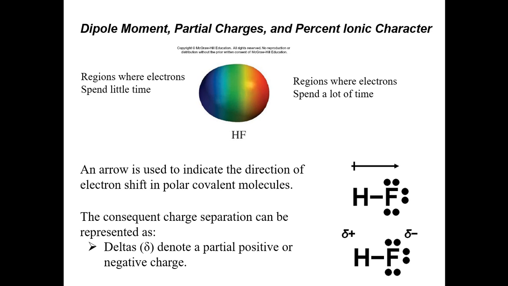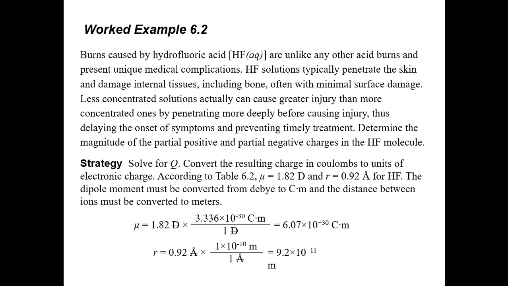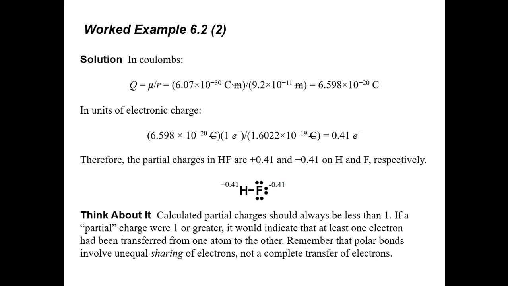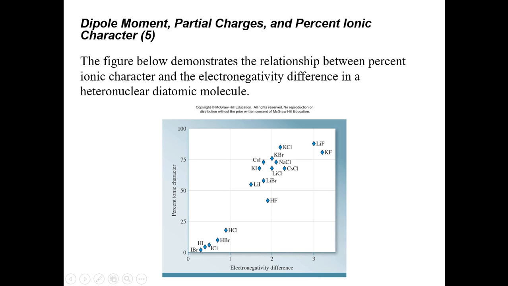Next are dipole moment, partial charges, and percent ionic character. Dipole moment is given by this equation, and there are some worked examples you can look at. The percent ionic character is important. Mu is the observed dipole moment, and mu calculated is assuming discrete charges.